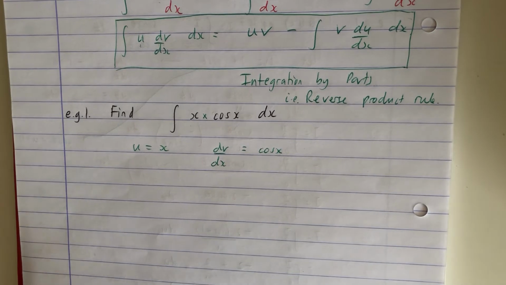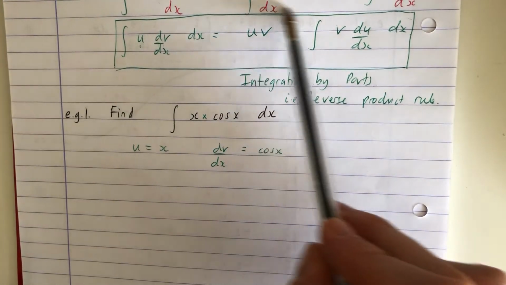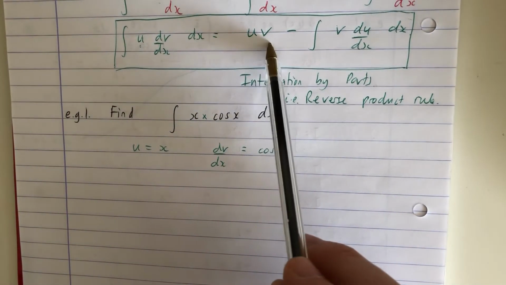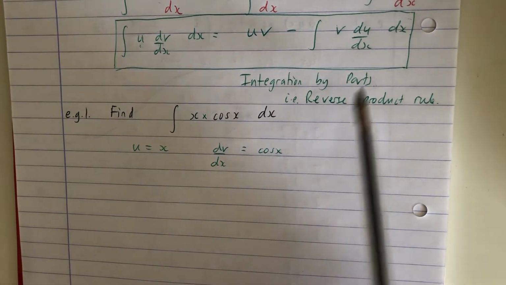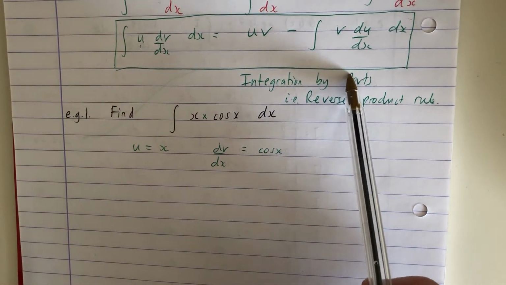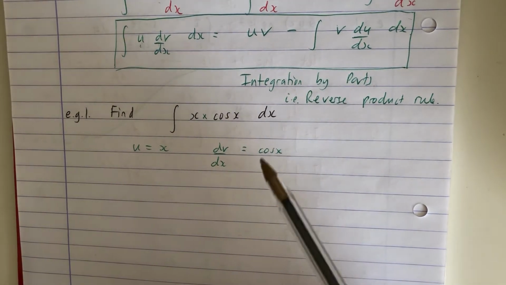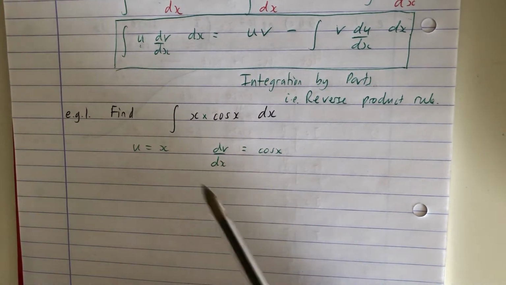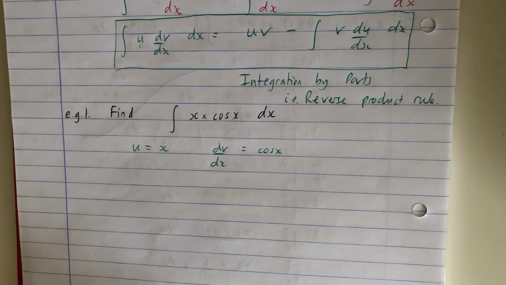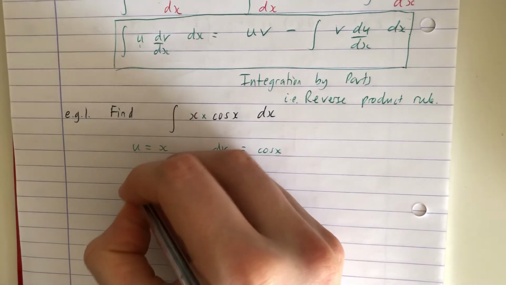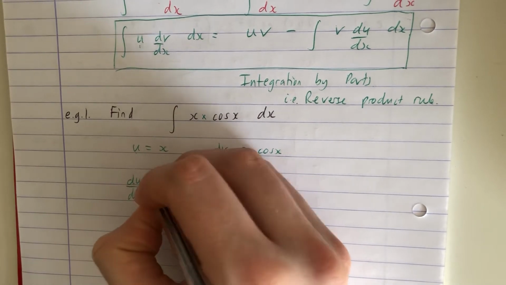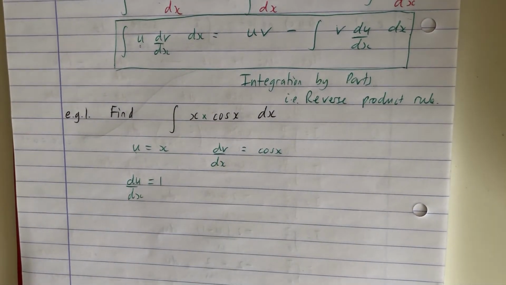Now if you look at the formula on the right hand side and what it contains, it's got a u and a v. We've just got a u, no v. And it's got a v and du by dx. And we have neither of those. However, you can work them out. So if you've got u, you can work out du by dx, which is 1.